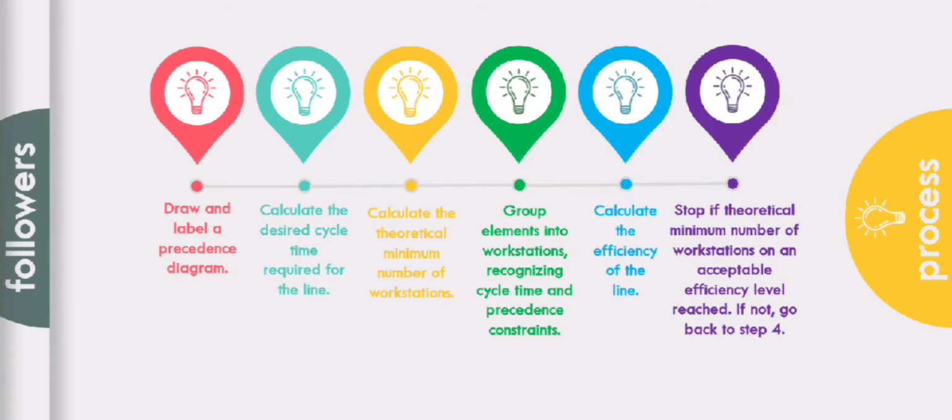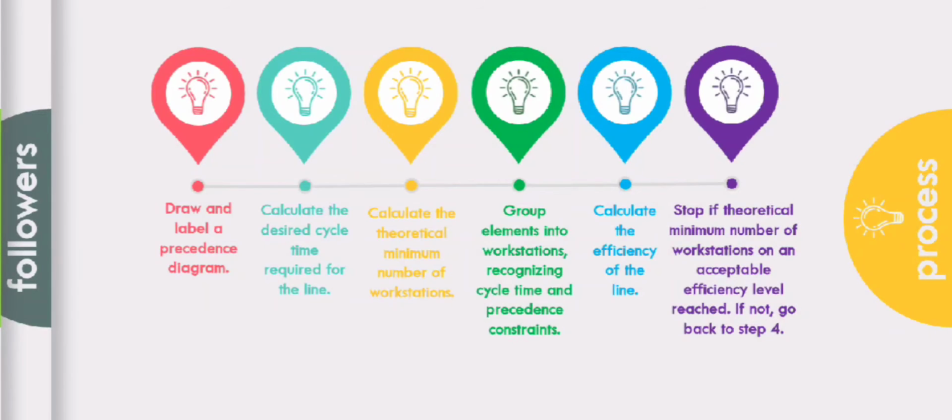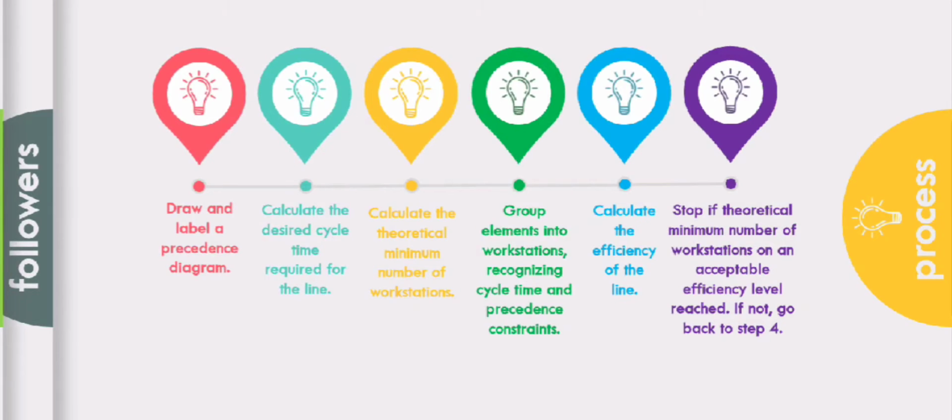Second is to calculate the desired cycle time for the line. Cycle time is the time expressed in minutes between two successive products coming off the end of the production line. Third is to calculate the theoretical minimum number of workstations. Fourth is to group the elements into workstations, recognizing cycle time and precedence constraints.